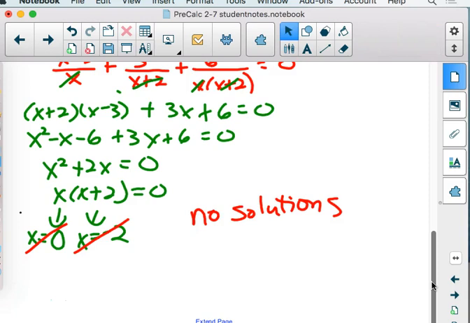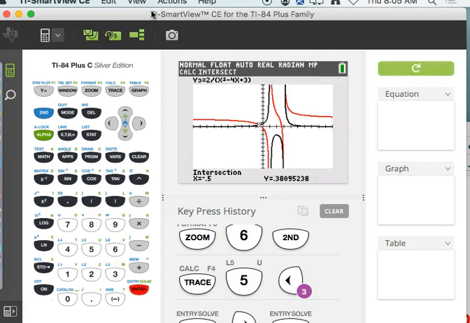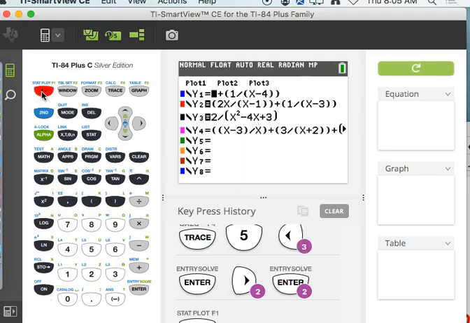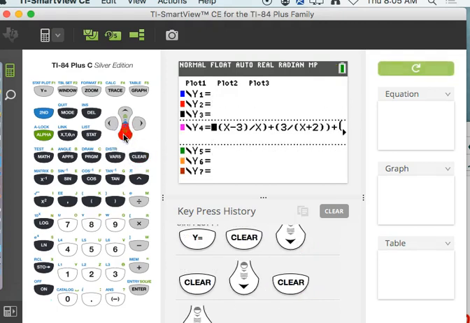But that, we better check. I mean, if we're going to say this doesn't have any solutions, we had better double check that. And that would mean, yeah, putting all that ugliness in the calculator, which means each individual little piece of those has to go in here.